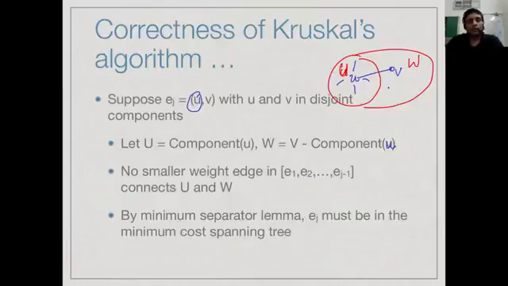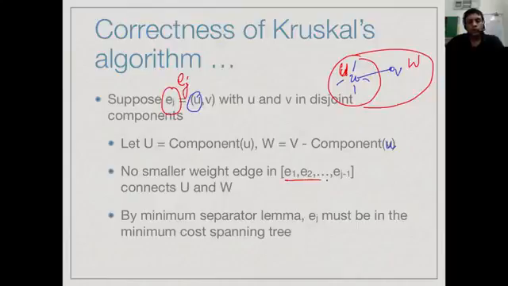Right? So now what do we know? This is the first time that we are trying to connect U to V. U to V have not been connected so far, but we have been looking at edges in ascending order of weight. So if we look at all the edges, this current edge we have called EJ, right?